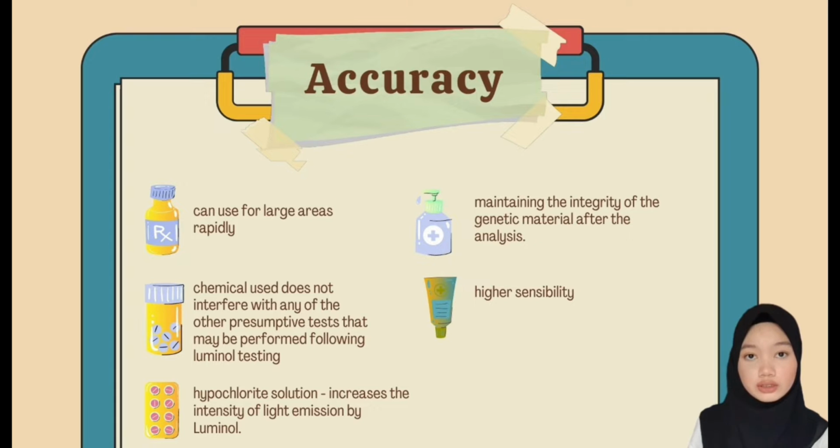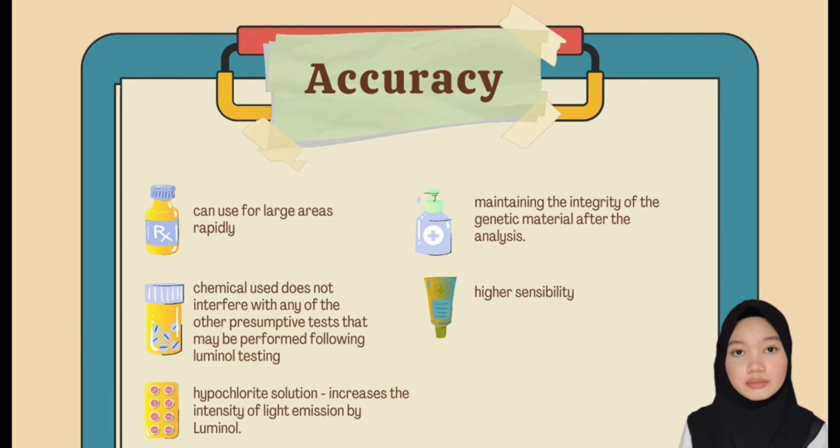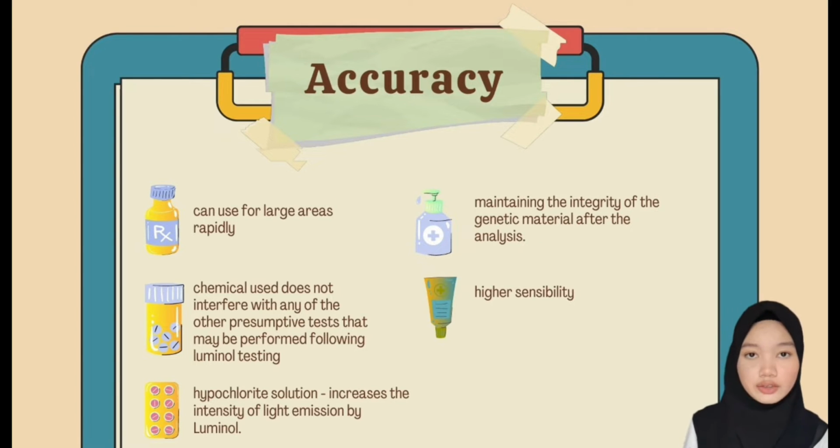However, if the result is positive, then a more definitive confirmatory test is performed. Second, luminol shows higher sensitivity, making detection on the nanogram scale feasible. For this reason, depending on the sample concentration, it is the best alternative for the analysis. Thirdly, the luminol solution also has the advantage of maintaining the integrity of the genetic material after the analysis.